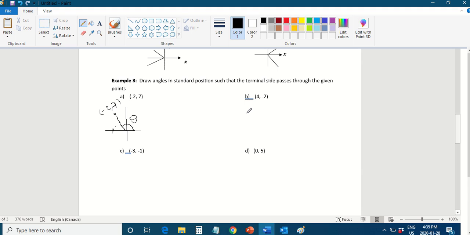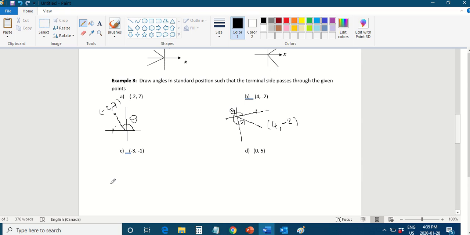For the second one then, we have x to be 4, y to be -2, so x is 4, which will be somewhere here, y is -2 down, so this point here, x 4, y -2. We sketch something like this as our terminal side, and the angle always starts from the positive x-axis. For the standard position, go counterclockwise, and we keep going, and this angle right here will be our theta.